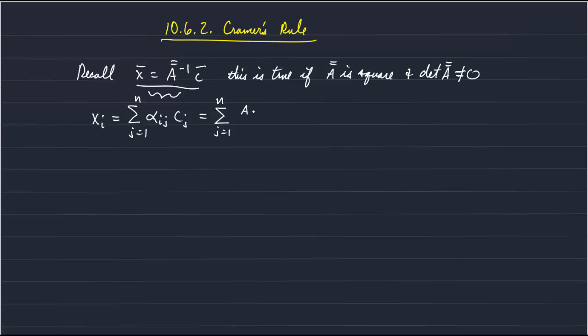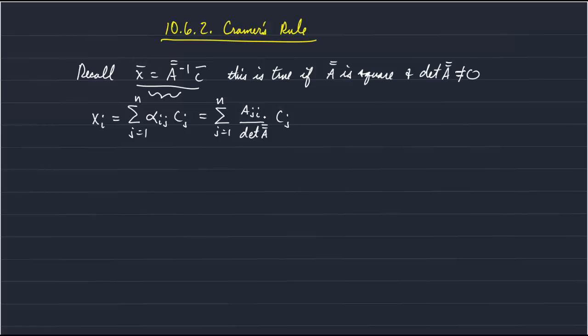Again, we have the adjoint matrix, which is made up of the jith cofactors divided by the determinant of A, again times each element of C.